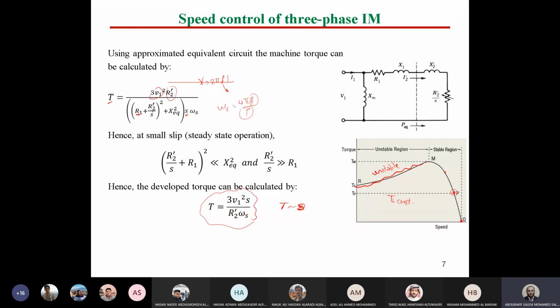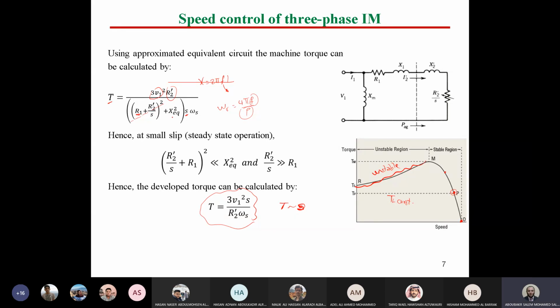So what do you expect the values of R square, the summation of R square, compared to X equivalent square? It should be very small compared to X equivalent square. Right, guys? For that, we can neglect this part and keep this part.